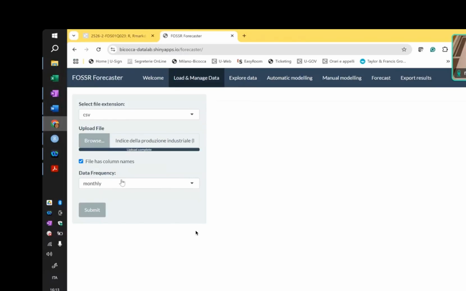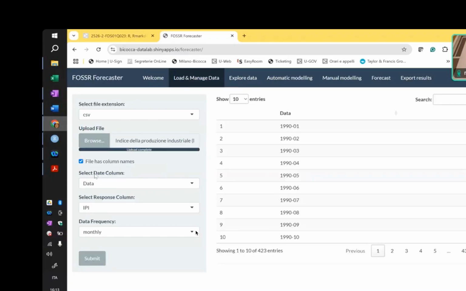You have to specify the column of the date, which is automatically well identified here, the column of the response variable, so the time series you want to predict, which in this case is the IPI, the industrial production index. You have to specify the data frequency, which in this case is monthly. And then you click submit.